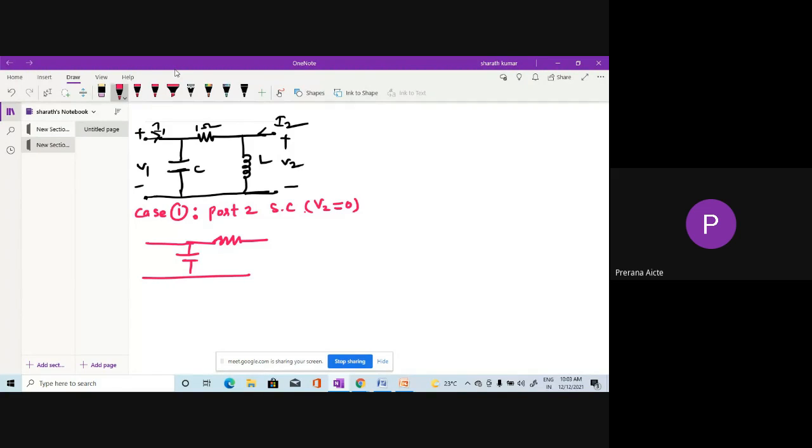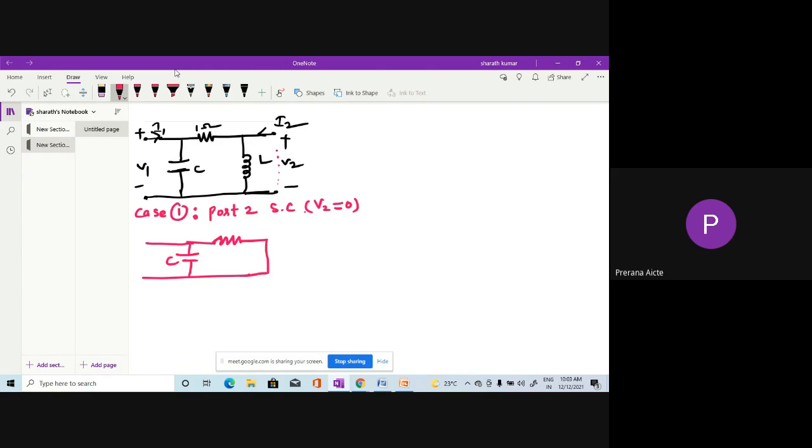We know from the fundamentals that when you short the circuit here, all the current coming from port 1 goes entirely into the short circuit, because current always chooses the path of less resistance. Here we have an inductor, so all the current is going through the short-circuited path, and there is no current in the inductor. That's why the inductor is neglected when we short circuit port 2.